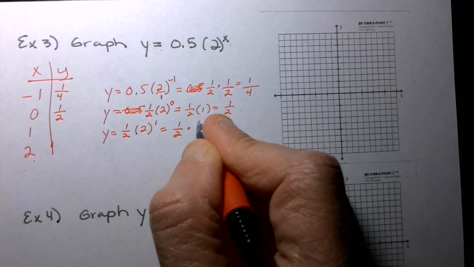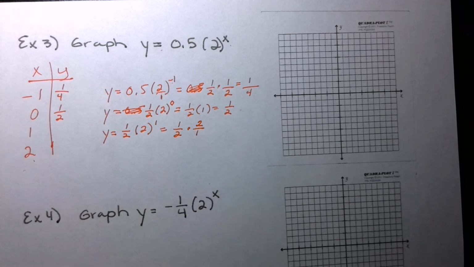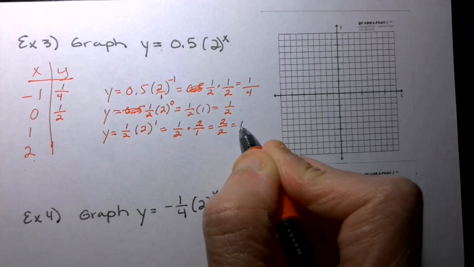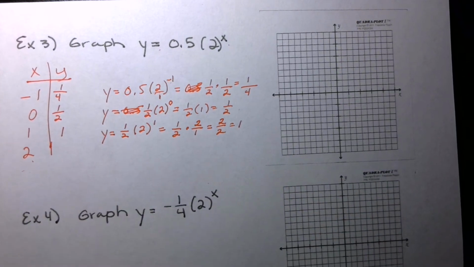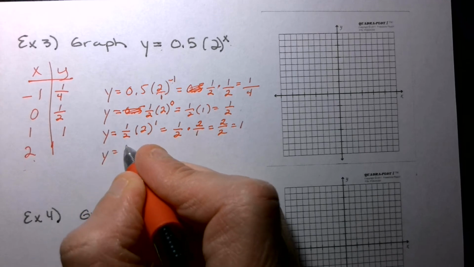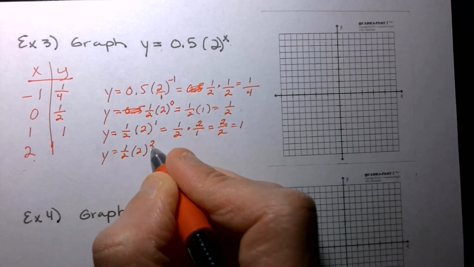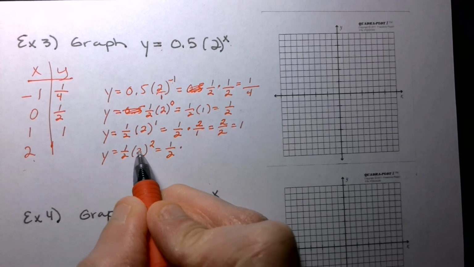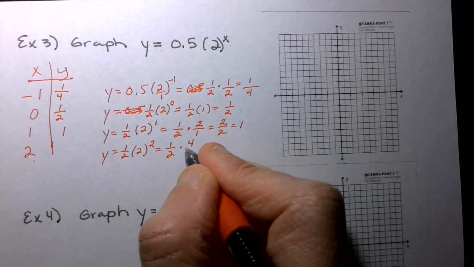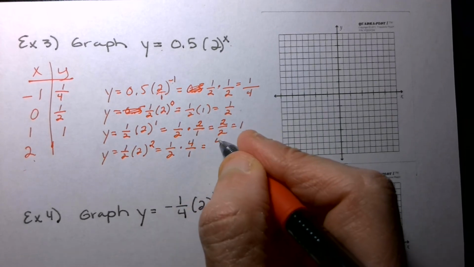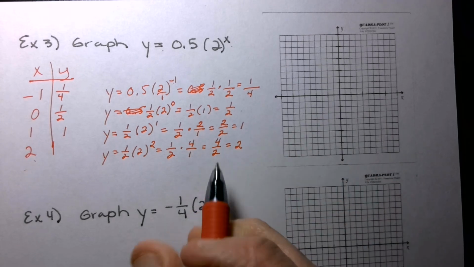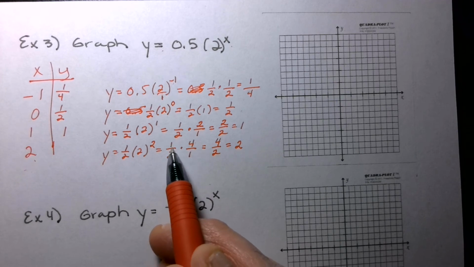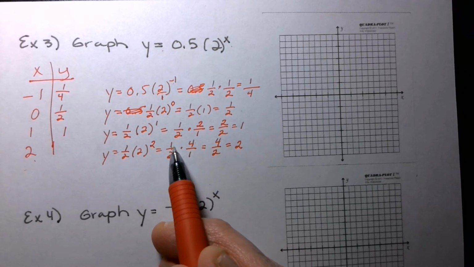So I have 1/2 times 2, which I'm going to write as 2/1. And that is equal to 2/2, which is 1. And lastly, I have 1/2 times 2 raised to the second power. So 1/2 times 2 to the second is 2 times 2, which is 4/1. And I get 4/2, which is 2. Now I could have cross-canceled here, divided them each by a 2. That would have been fine. They're small enough numbers, it doesn't matter either way.